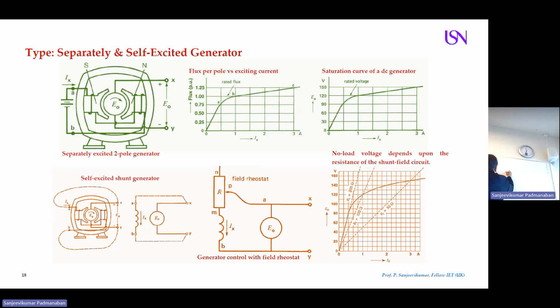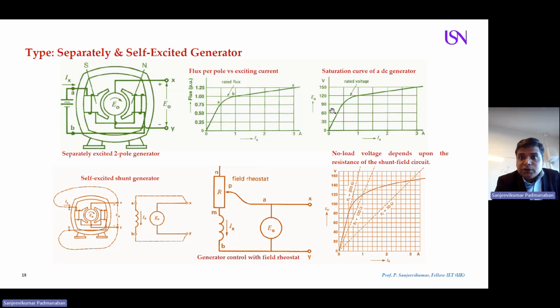For example, this is 100% at 1 ampere, but I can add 40 into 0.25. This is going to be the combination at 3 ampere. So this is for 3 ampere and this is for 1 ampere. It's clear to you? So as you increase your field excitation current, your flux also increases.